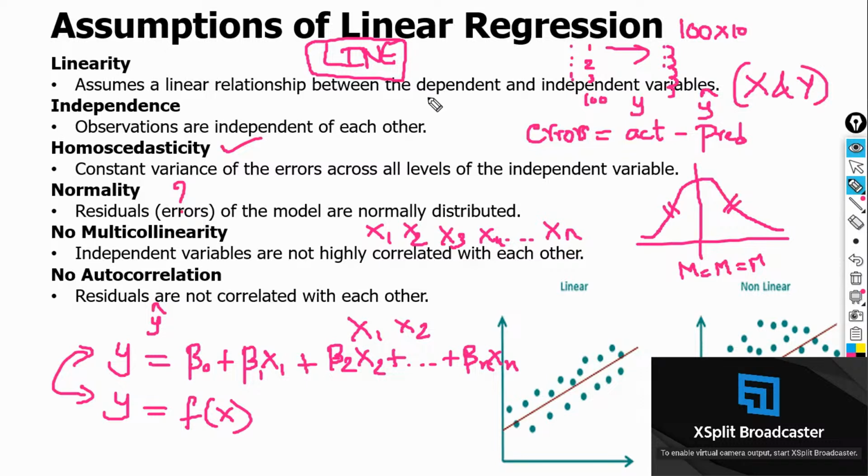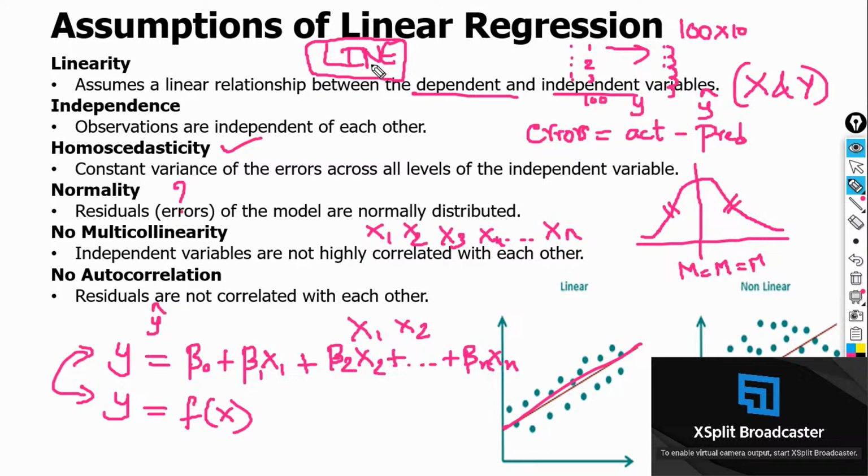The relation between X and Y should be linear, so the scatter that it forms should be linear. Then I, independent: the records, the rows, should be independent of each other.